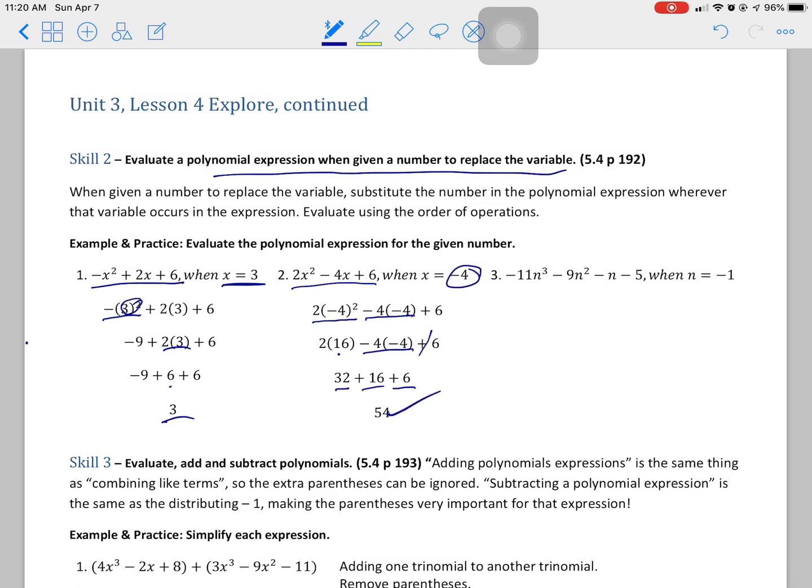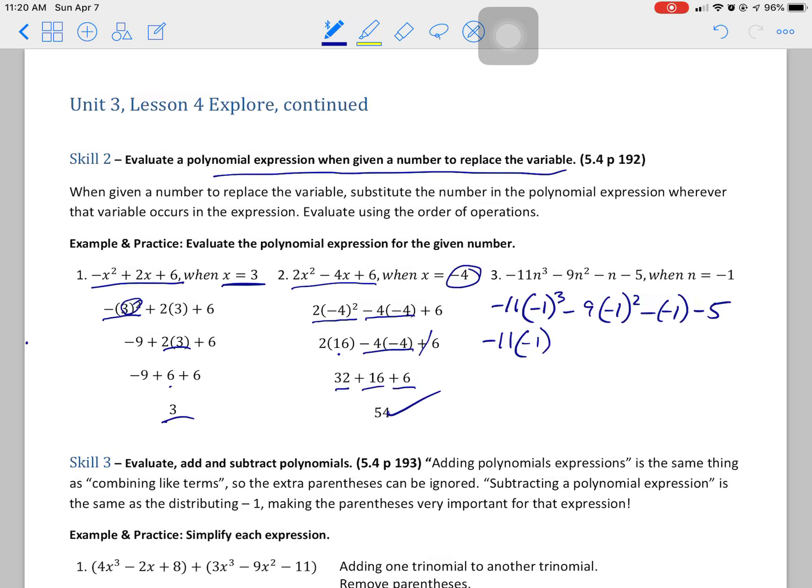All right. Here's one here. Negative 11. Negative 1 to the third, minus 9, negative 1 to the second, minus a negative 1, minus 5. Oof. Okay. Negative 1 three times is going to give you a negative 1. All right.